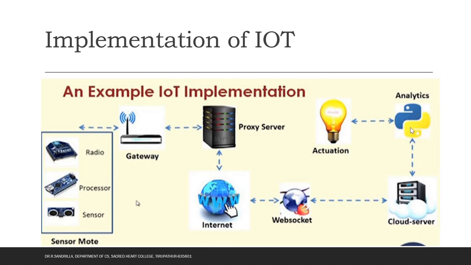Based on the analytics and inferences, the actuation takes place on the sensed data. Actuation, for example, may be lighting a lamp or turning off a motor or fan. This is how the implementation of IoT works. This is a simple example of IoT implementation.